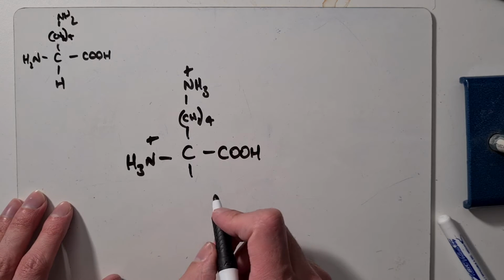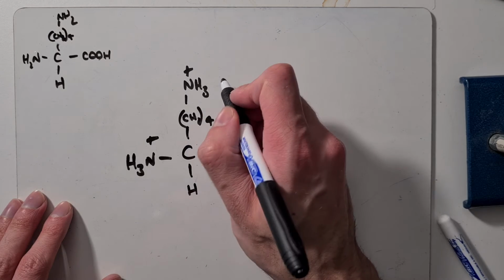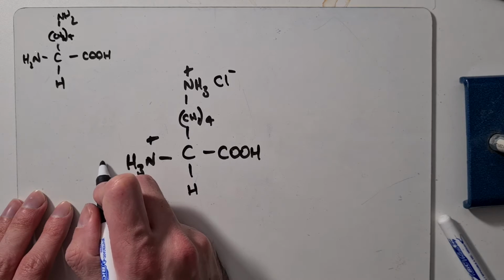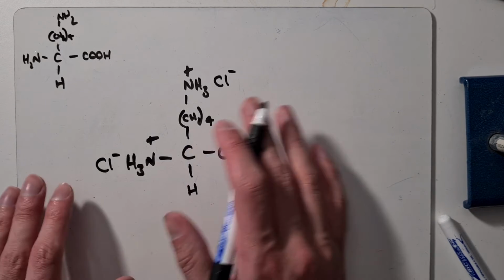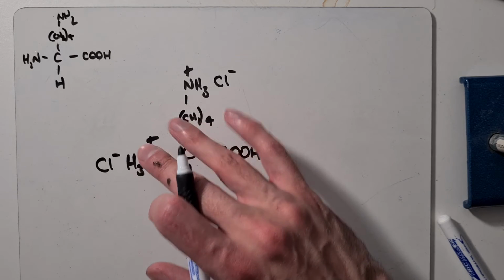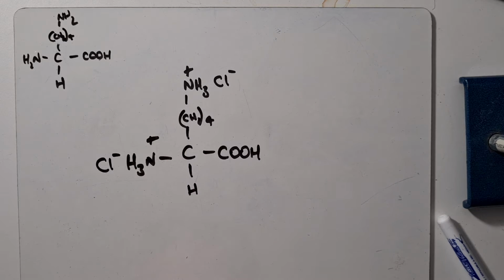It's not going to dissociate. I've just got a hydrogen coming off here. So then, along with the amine group, if it's hydrochloric acid, I'm going to get a Cl- and a Cl- there. So that's going to be the salt formed. So the key thing to spot in this is that there are two amine groups, so we get two ammonium salts.